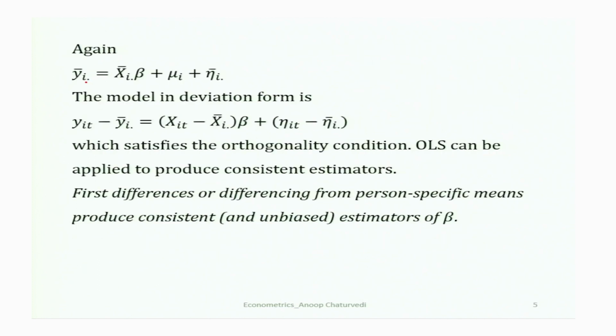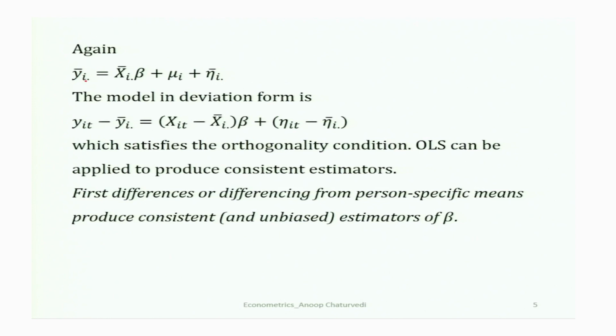Now, again suppose you take y bar i dot, meaning now you are taking the mean of each cross section unit over time. We are taking mean over t.